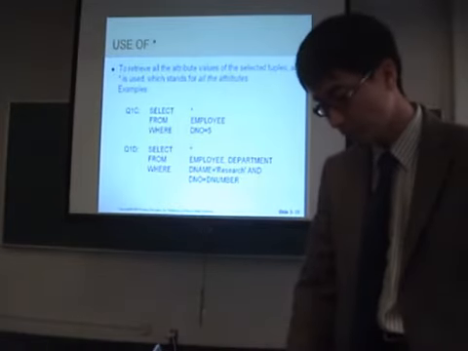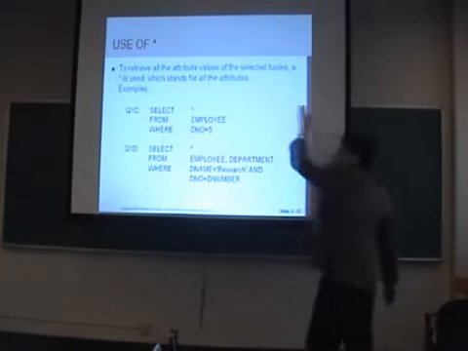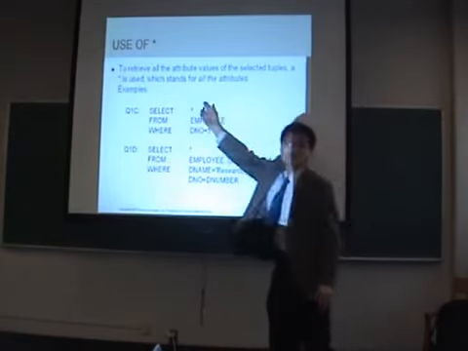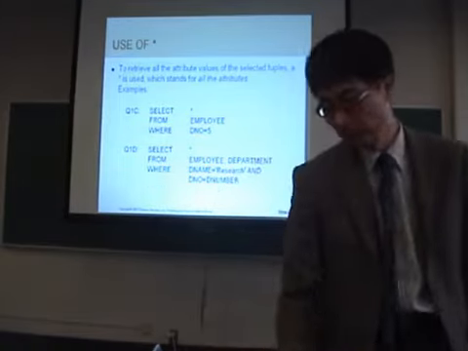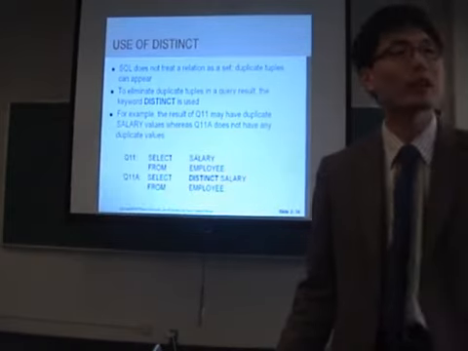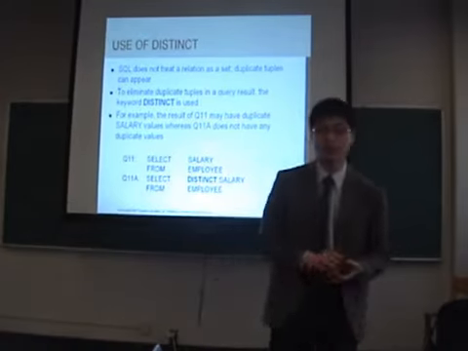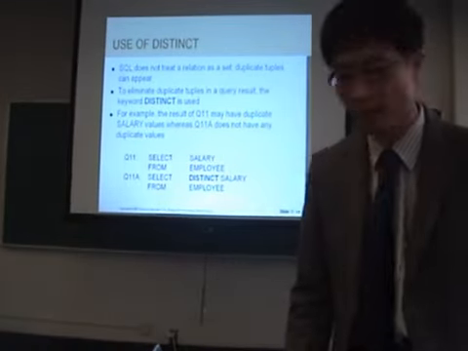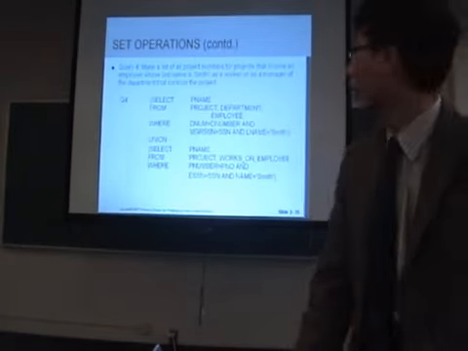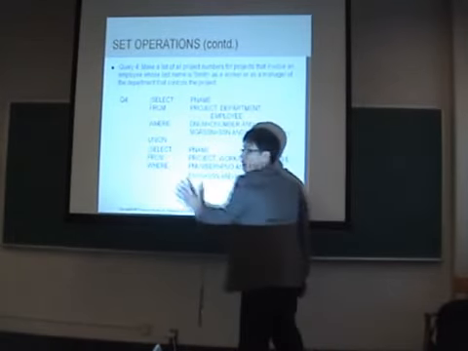Okay. Then what if you want to access all of the attributes? You don't have to write down the whole attribute list. Instead, use asterisk. Then somebody wants to remove the duplication. At that time, you can use the distinct. So you can use the distinct to make your query like the relational algebra. Then set operation is a straightforward way. So you can combine two queries using the set operation.